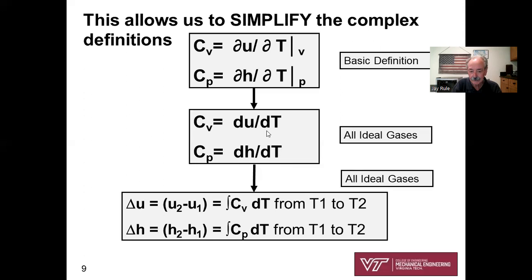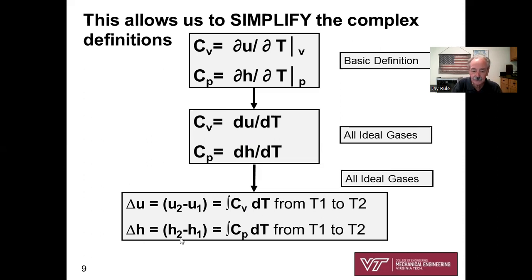Now you're getting close to some math that you can perform. Let's move the dT to the other side so that we can integrate both sides and calculate delta U and delta H. So here we go to the next step. Delta U is U2 minus U1, which is the integral of CV dT evaluated from T1 to T2.